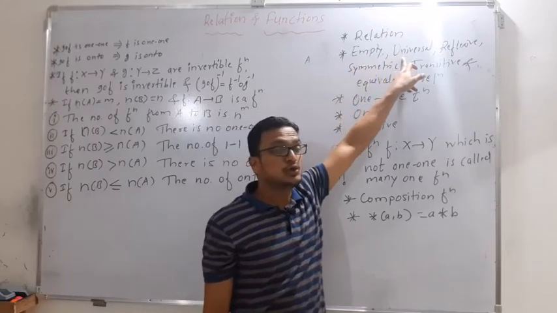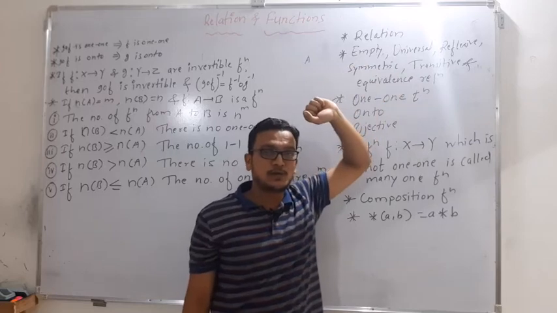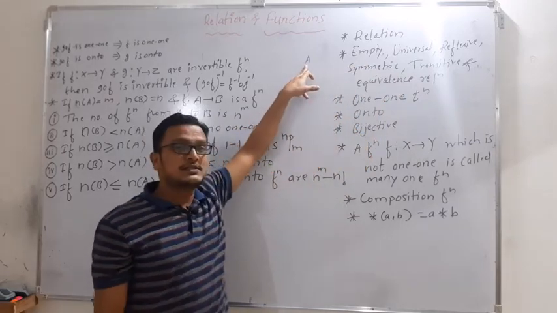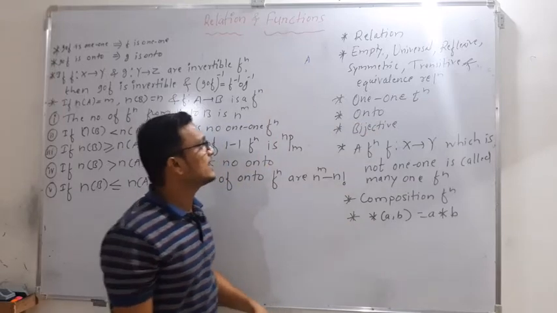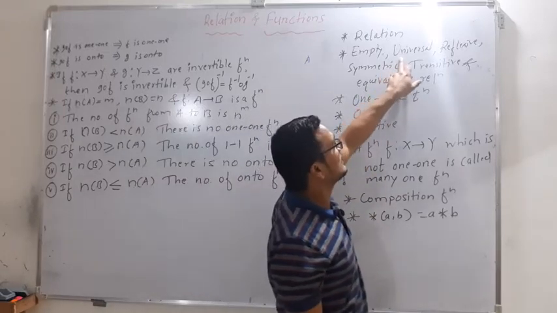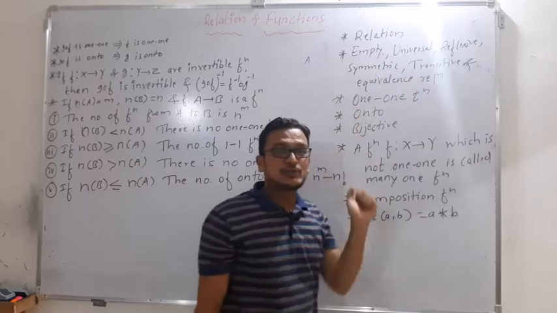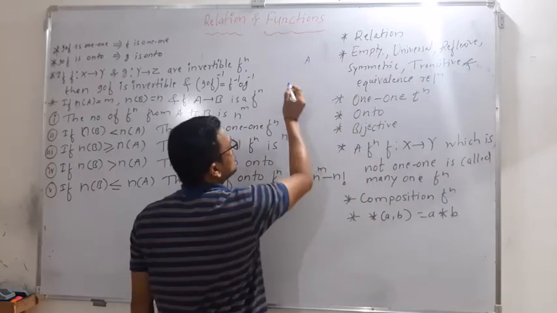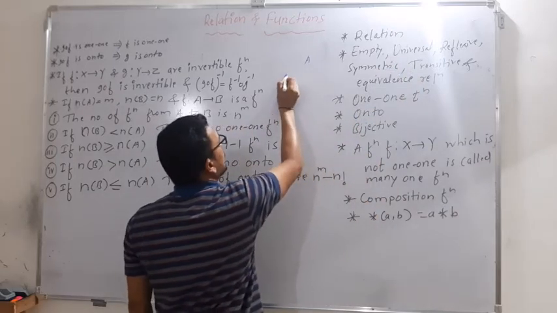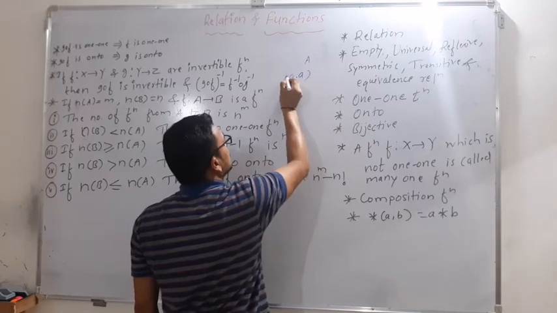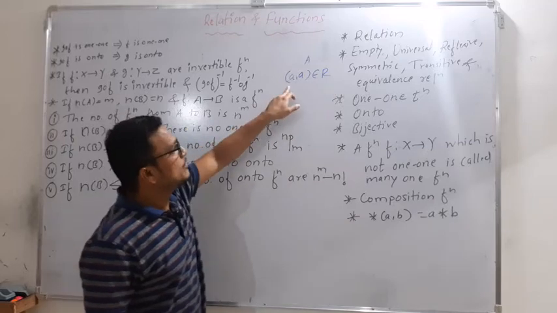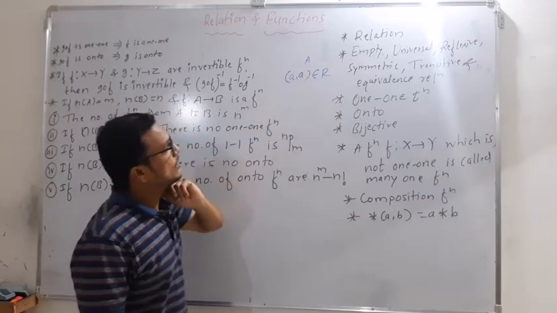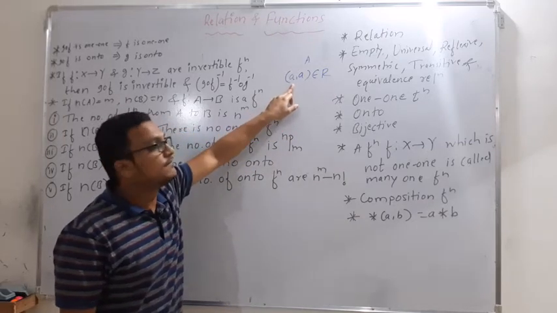Next we have the universal relation. Universal means each element present in set A is related to all the elements of set A. Reflexive: we write the ordered pair (a, a) belongs to R, which means the given relation is reflexive.